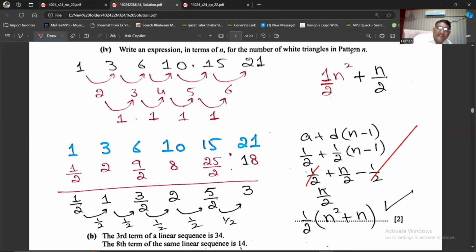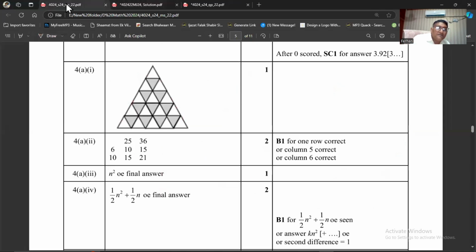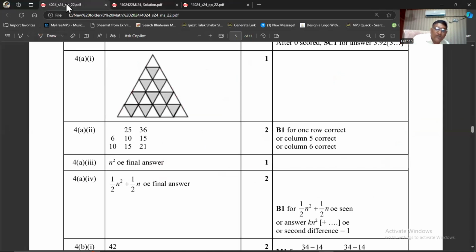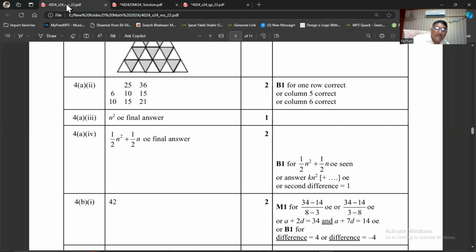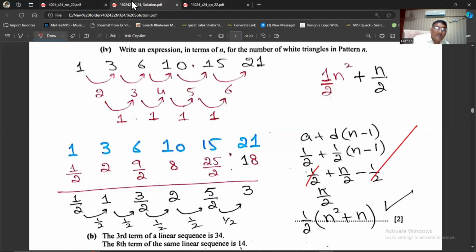You write this answer in your rough work here. So this is your final answer. So question number 4a, fourth part, our answer is right. Hopefully you understand how we can find the nth term of a quadratic sequence.